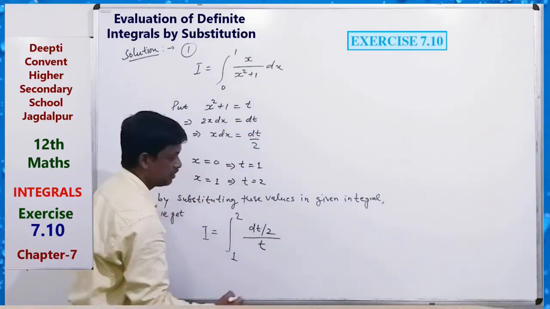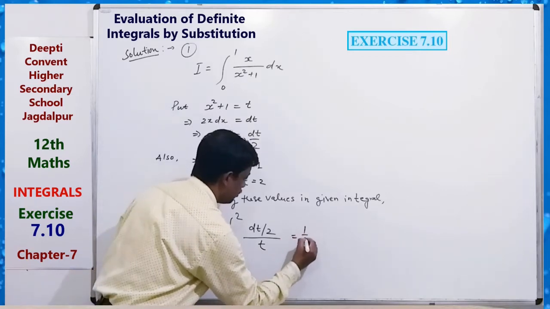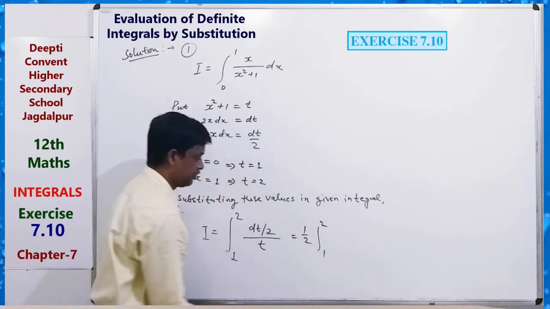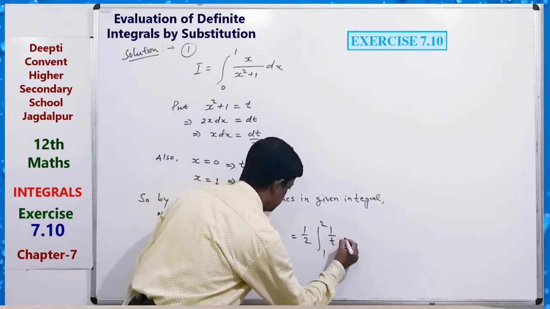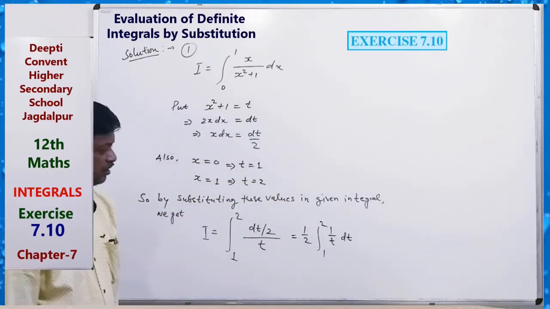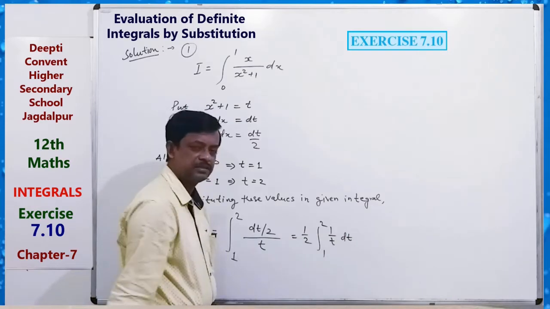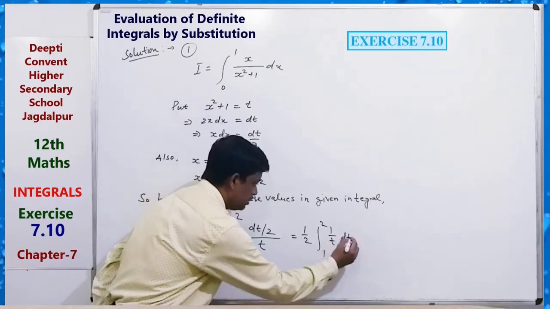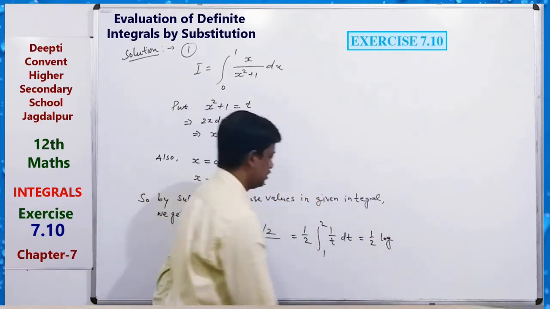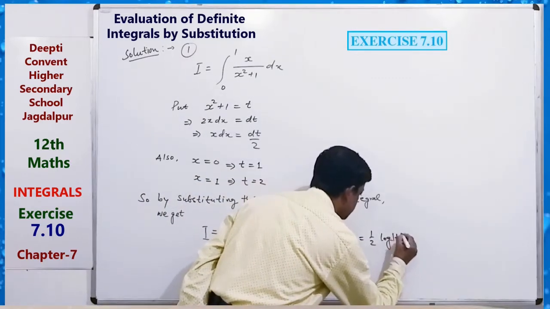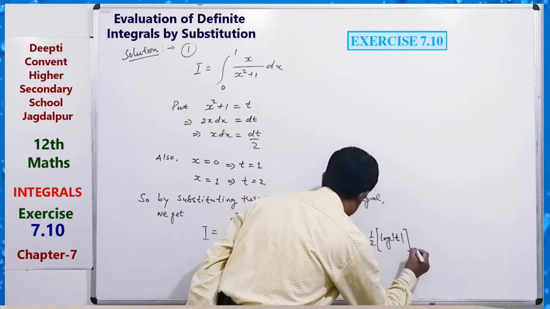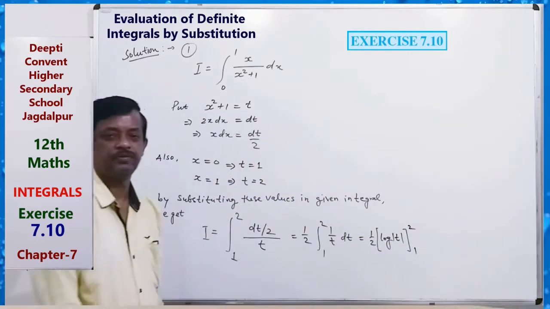So it becomes 1 by 2, integral from 1 to 2 of 1 by t dt. Integral of 1 by t dt is log t. So this equals 1 by 2 log t, with limits from 1 to 2.